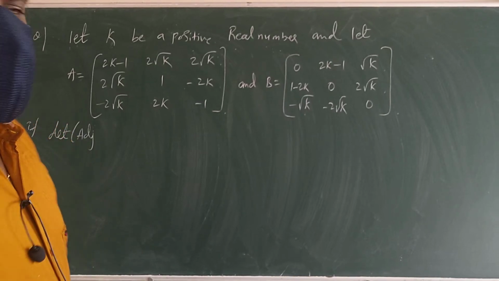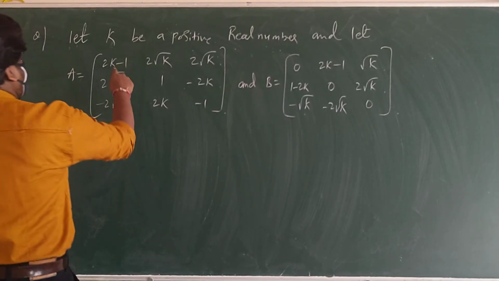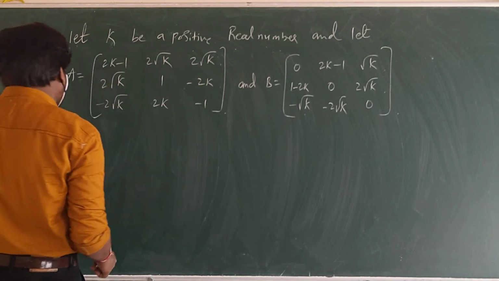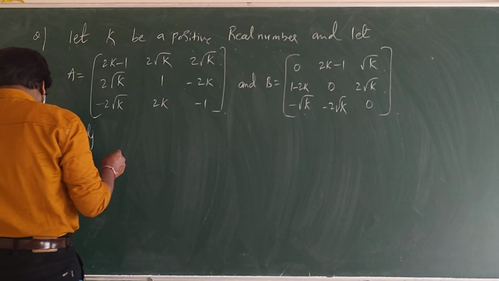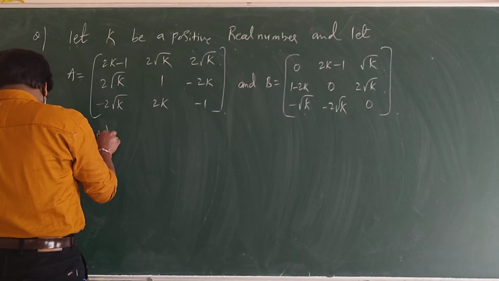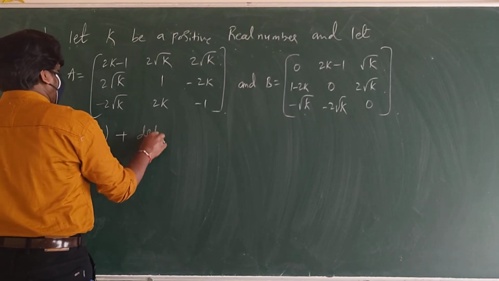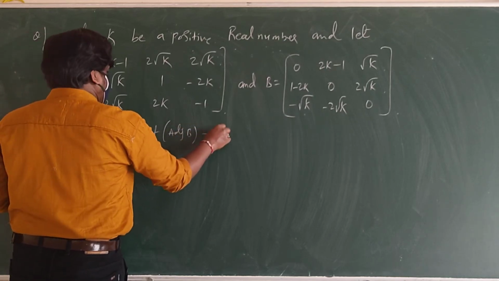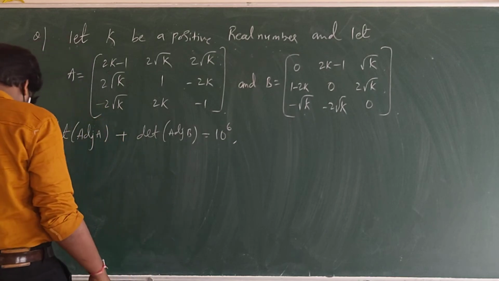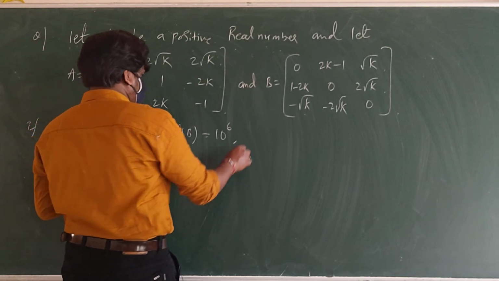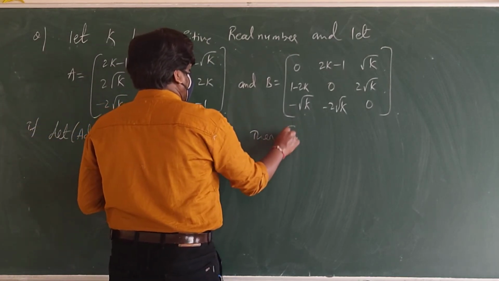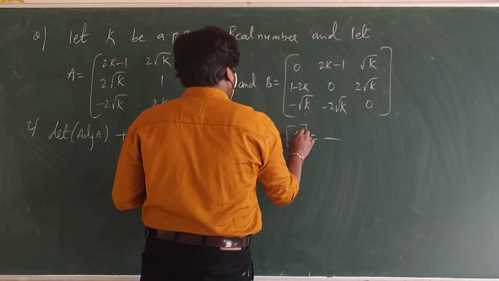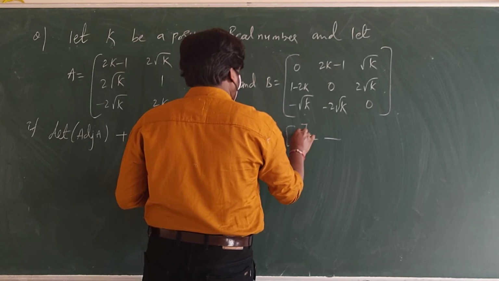This is a JEE previous year question. Let k be a positive real number, and A is given this matrix and B is given that matrix. It is given that determinant of adjoint A plus determinant of adjoint B is equal to 10 power 6. Then the greatest integer k is equal to dash.